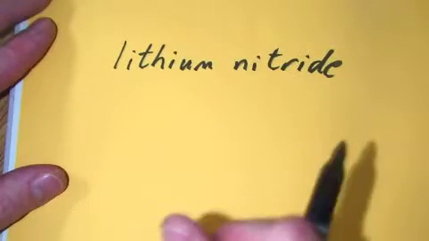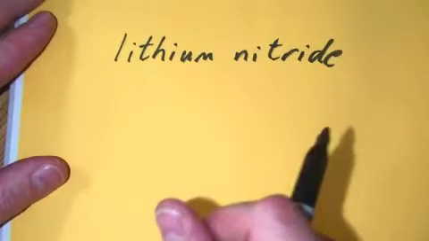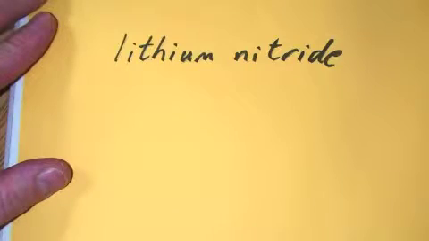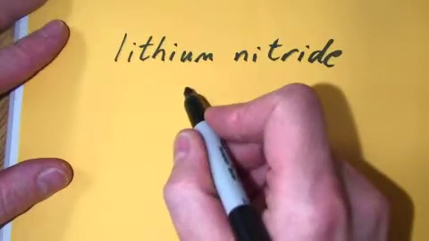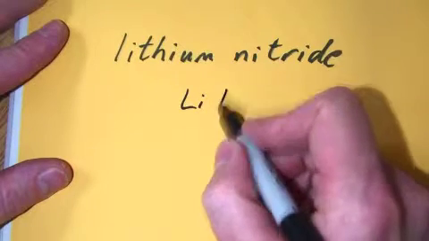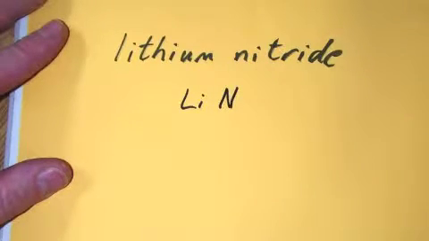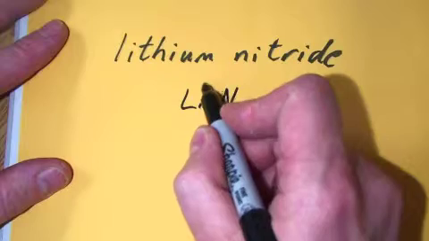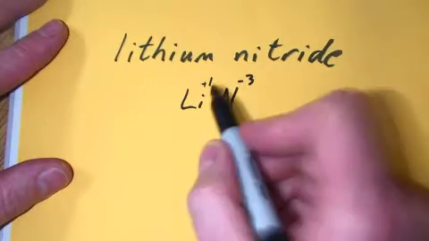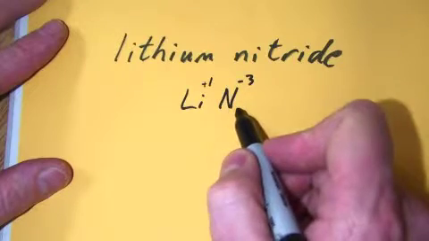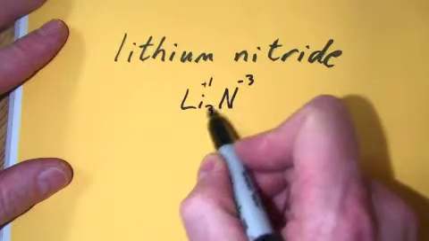It works for every ionic compound, a plus and a minus, a metal and a nonmetal. You write the symbols, lithium, nitride. You write their charges, group 1 and group 5, and you cross them. You bring this 1 down here, and you don't write it. You bring this 3 down here, and you write it.